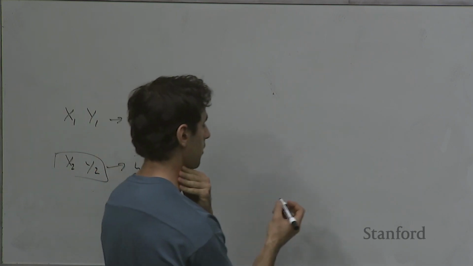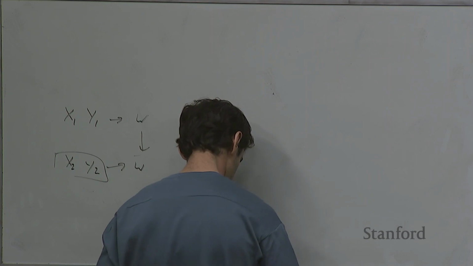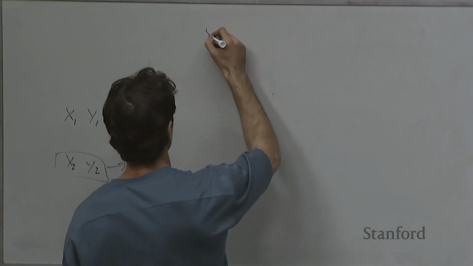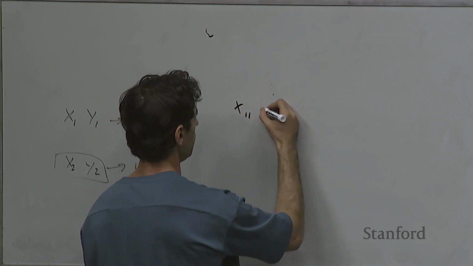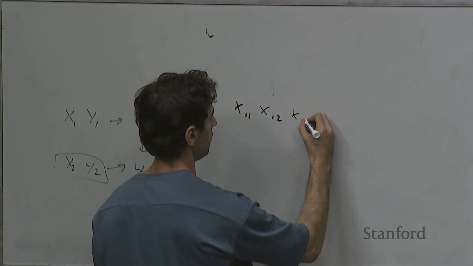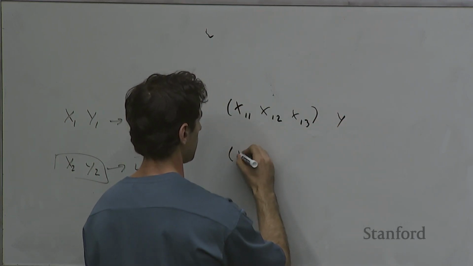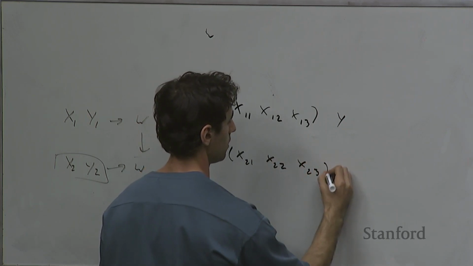For the recurrent setting, it's more like this. You have x11, x12, x13, and y, and then x21, x22, and x23, and y.